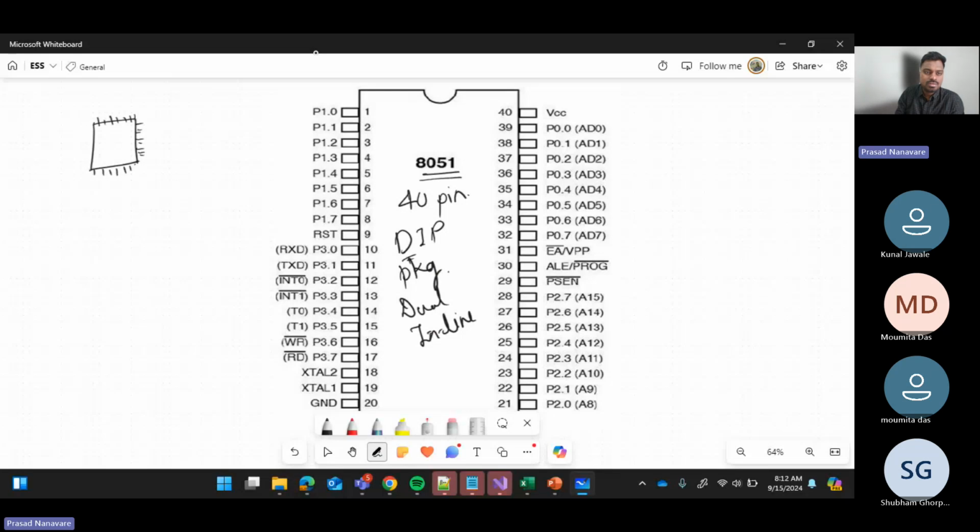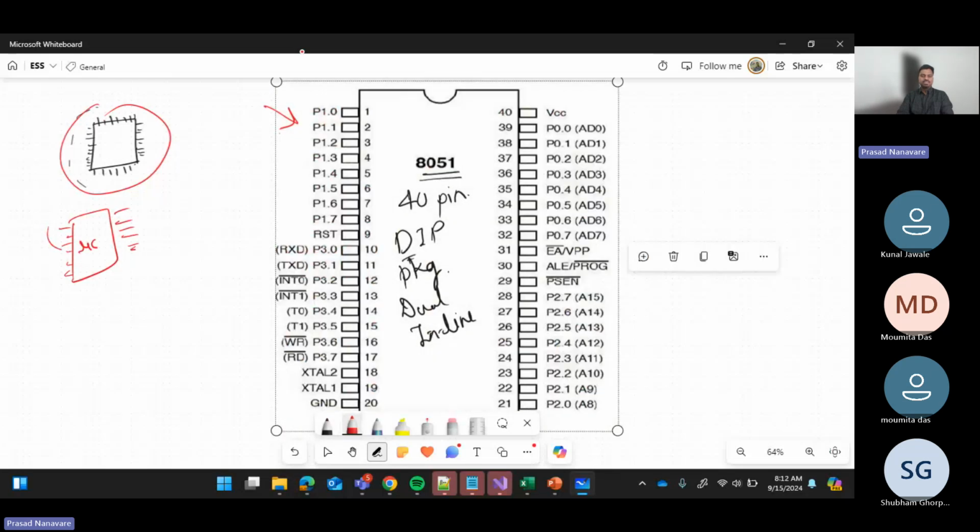Pins all over the sides. So this is also one of the packages. There are different types in which the controllers come, the package pin configuration basically. So this is called dual inline.